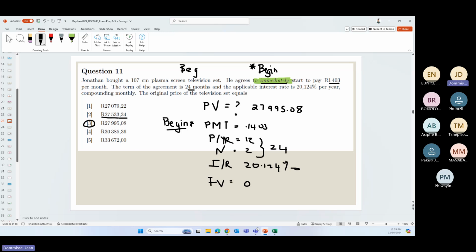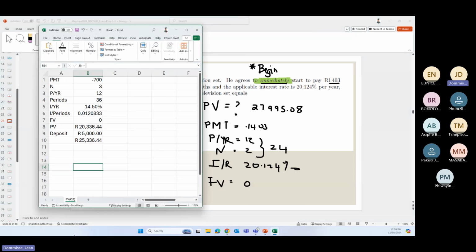So if we did not do begin, you would have had option 2. So again, just showing how important it is, and they've italicised it also for you, that we should have seen there's something in there.